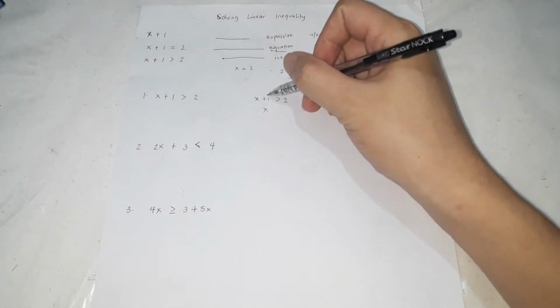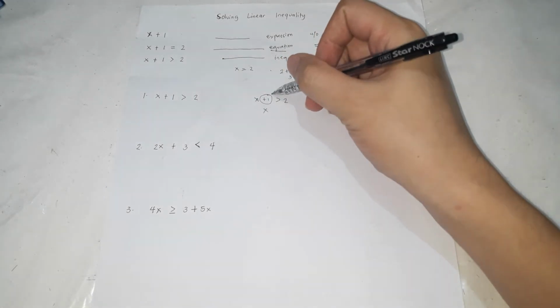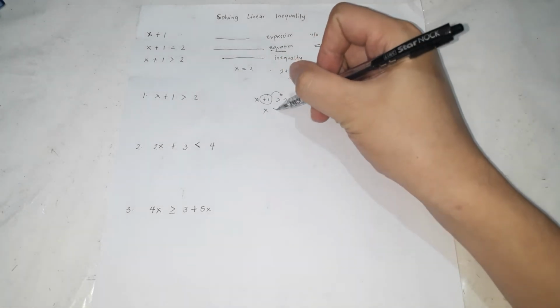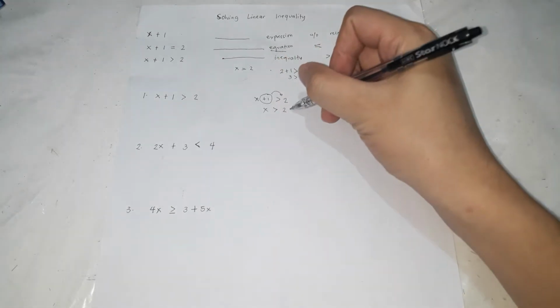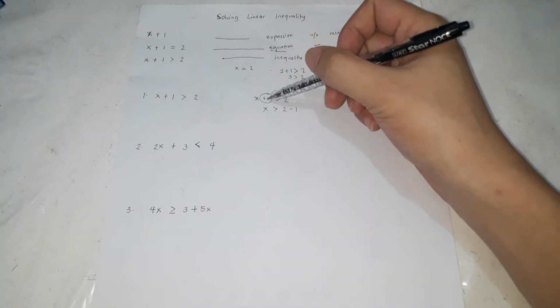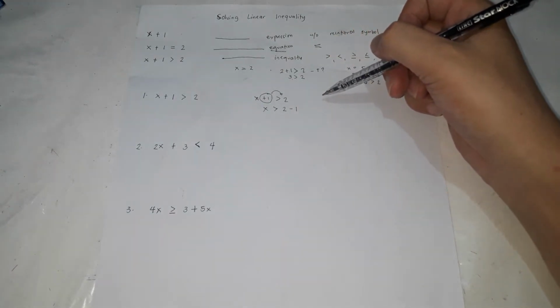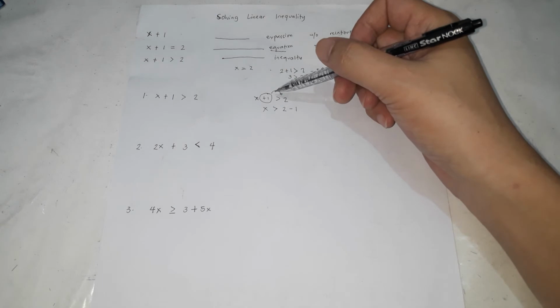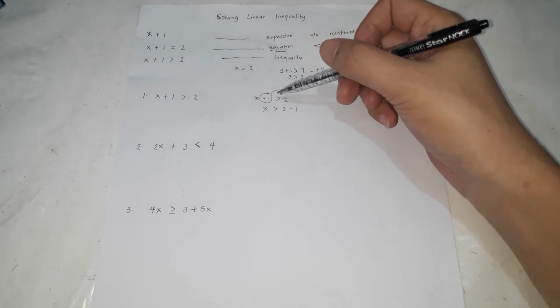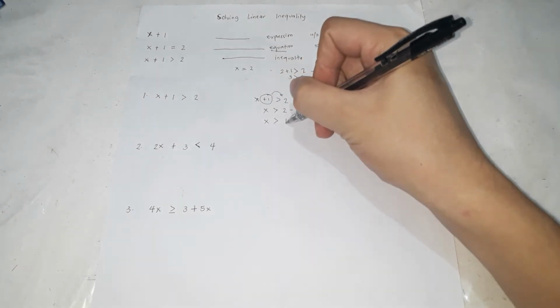Kapag ang positive 1, you could transpose it to the other side. So ang positive 1 magiging negative 1. Lahat ng may x dito sa left side, lahat ng walang x usually on the right side. Or pwede mong i-interchange as long as ipagtabi mo yung may x, ipagtabi mo rin yung walang x. So x now is greater than 1.